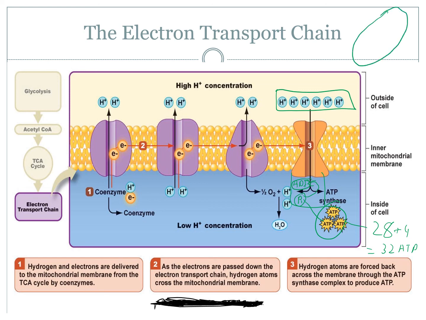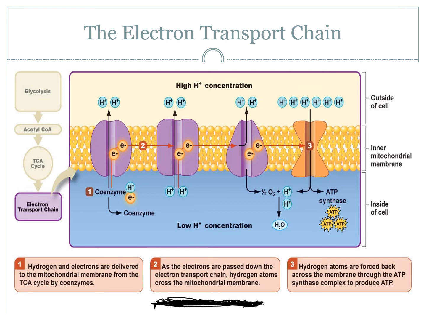The picture in front of you represents a very small percentage of the overall membrane that contains these structures. So each time it comes through, it is producing all of this. And then NAD and FAD are back within the system in order to go back to the Krebs cycle to pick up more hydrogen. And the process will continue and continue. So that is the production of ATP in a nutshell.